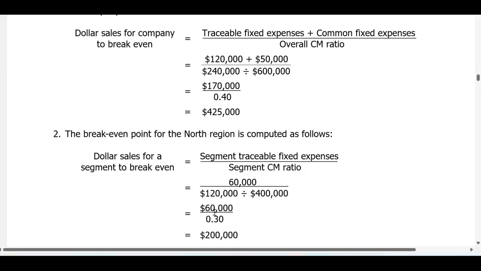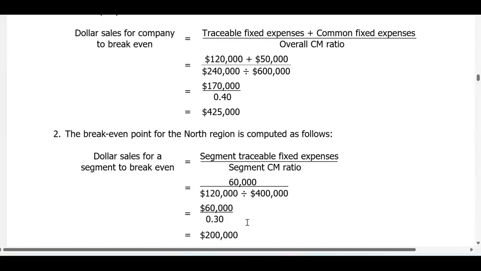How about I add a little bit? What if the North region wants to make $50,000 of target profit? How much do they have to sell? You say 60,000 plus 50,000 target profit, divided by contribution margin ratio gives you the dollar amount of sales that North needs to sell to satisfy the target profit.